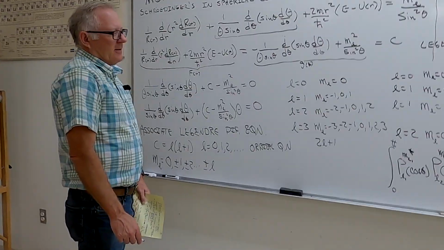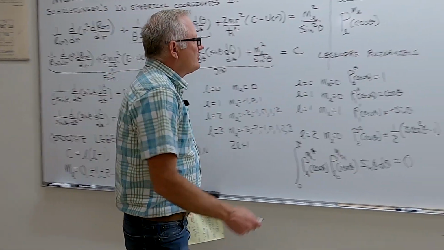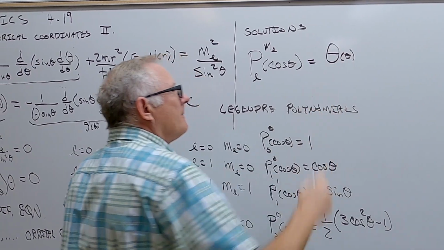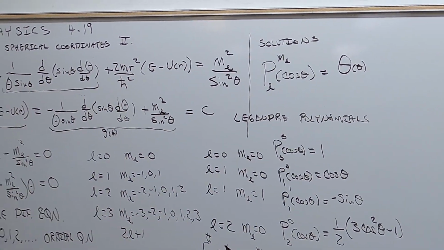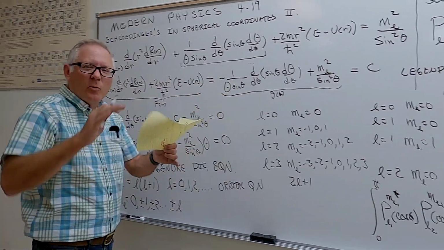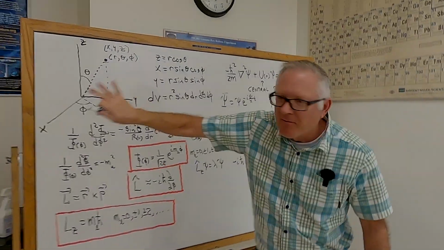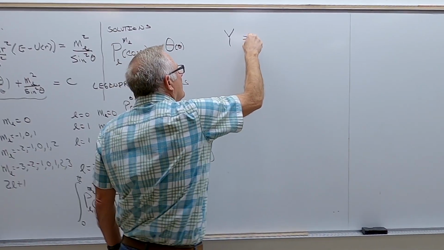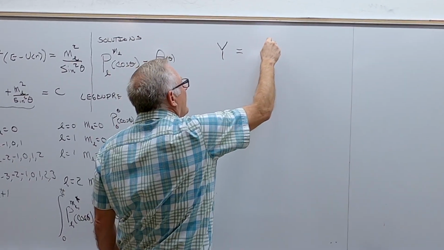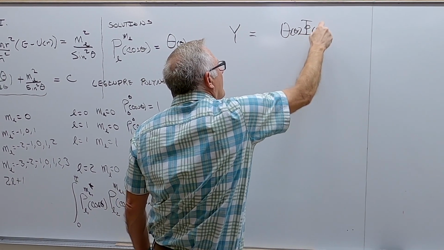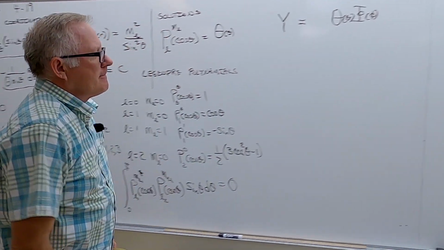Okay. Now, it's much easier to instead, you know, this was like our theta function. This is like our big theta, sub theta. But if we were to combine the theta with the phi, that would cover all the wiggles in the theta and the phi direction. So we're going to define a new variable, big Y, and that's going to be just the two put together, the theta sub theta and the phi sub phi, right there.